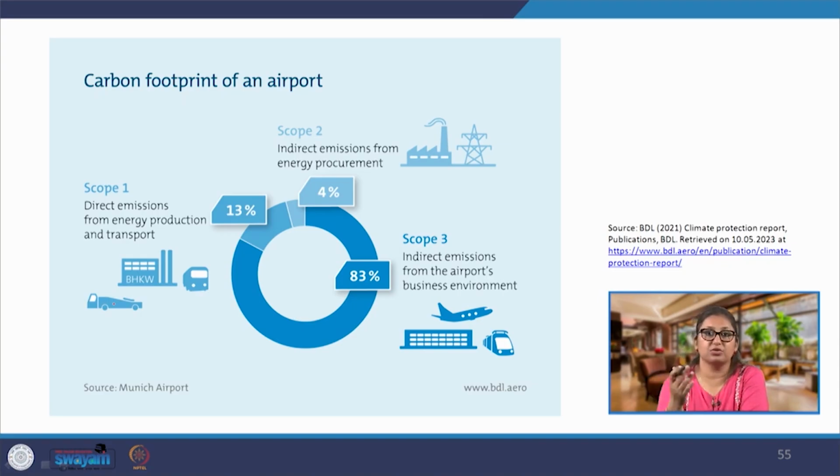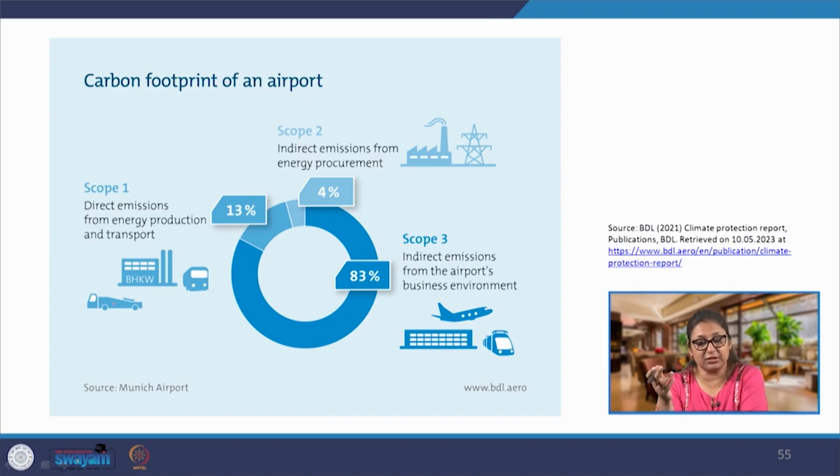There are cargoes, there is a lot of people transportation that is happening. So, a lot of this transportation and the emissions resulting from them are the direct emissions for the airport, scope 1 emissions, which is significant. Here we are seeing 13% of the direct emissions are there.